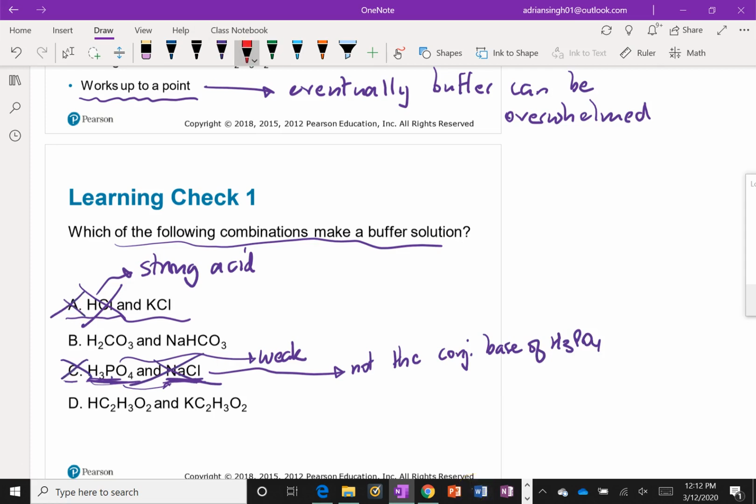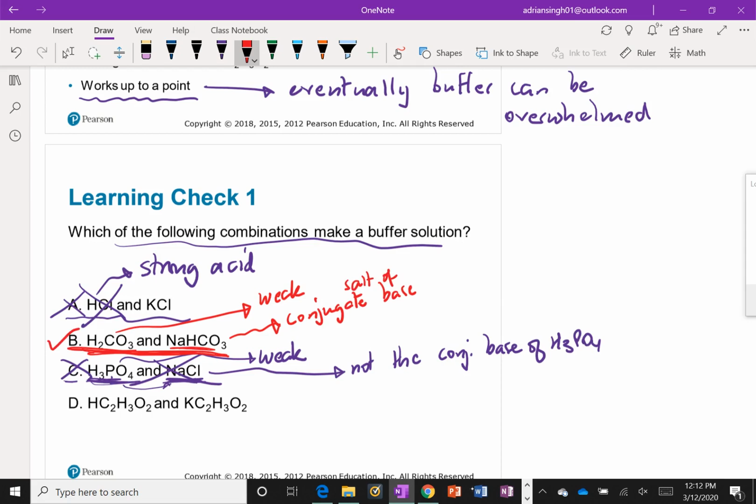If you take a look at the other options, this is carbonic acid, H2CO3. So that's weak. And then is this the conjugate base? Does it look similar to the original carbonic acid? Is it different from it by having one less proton? And the answer is yes. This is the conjugate base. Specifically, it's the salt of the conjugate base, so that can act as a buffer system.